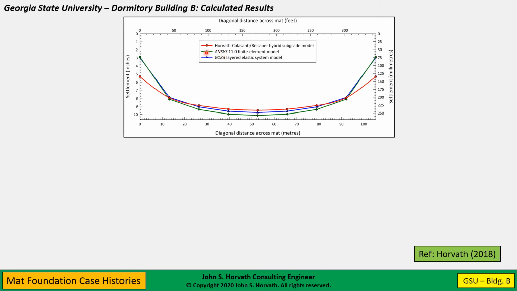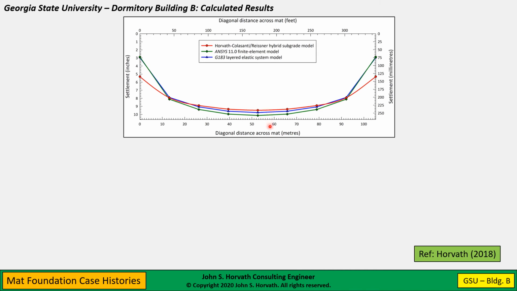So we, meaning Reissner-Hybrid and I, performed a finite element analysis of the subgrade using ANSYS version 11. Also a proprietary layered elastic program called G183 that Reissner-Hybrid had written some years ago. The bottom line is, except at the corners, there was very good agreement. And this gave us a high degree of confidence in the hybrid subgrade model results.